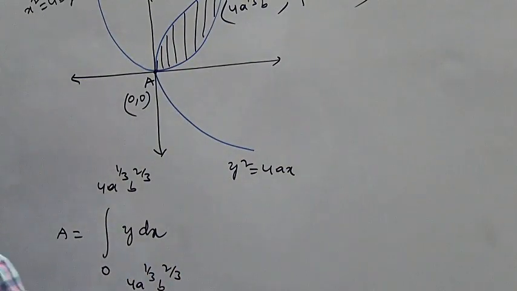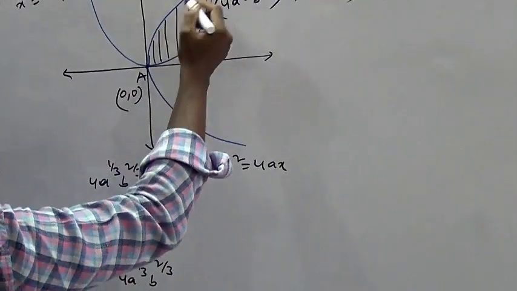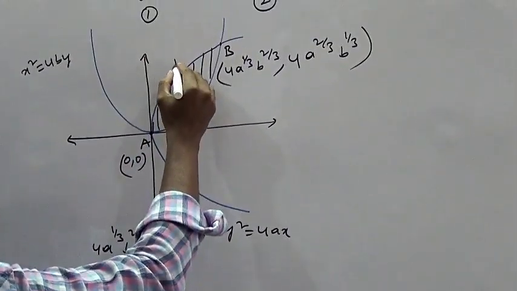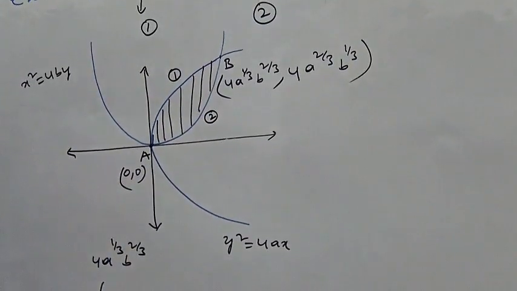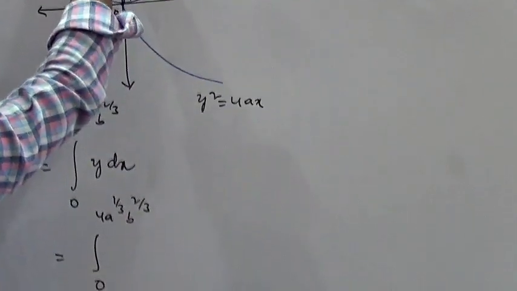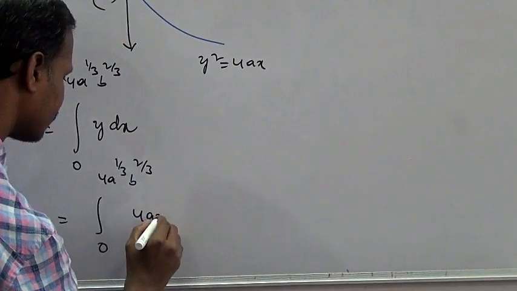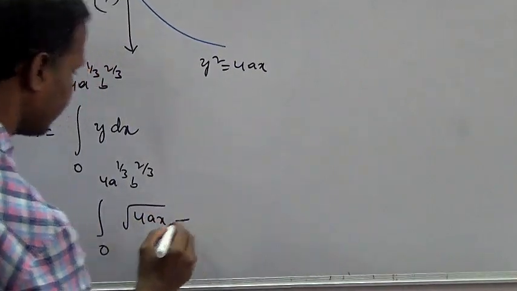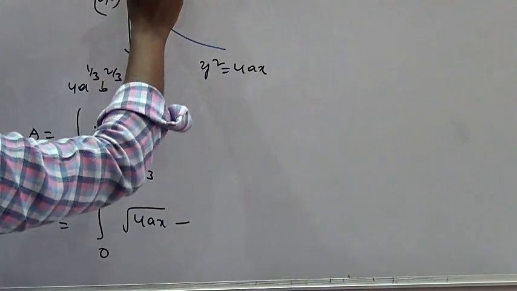Now, which one is above? This is y square equal to 4ax, the first curve, which is above, and this one is below. So first I write y square equal to 4ax. From this, what is y? y is root 4ax, minus the second curve, the below curve.